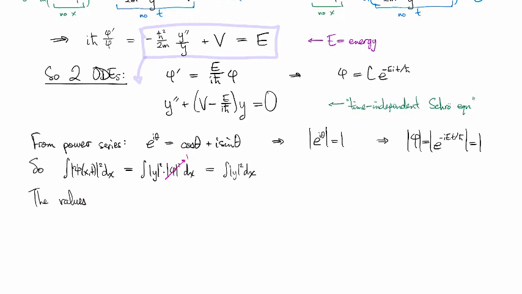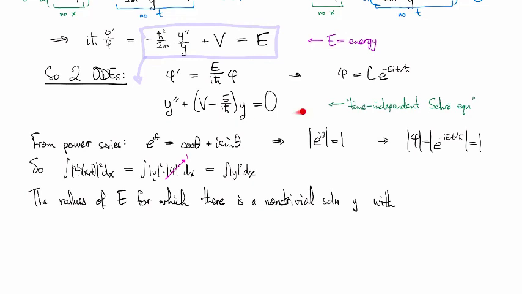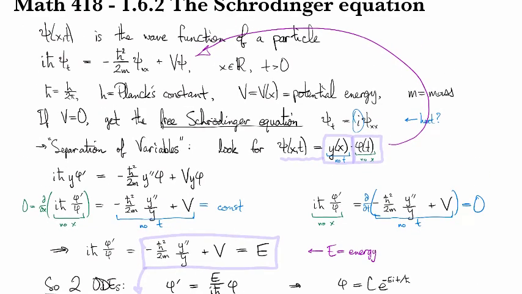And then it turns out that as a consequence, we don't always have solutions. It depends sharply on the value of E that we have. So the values of E for which we have a non-trivial solution y. And now in order for it to be a solution, realize it has to satisfy not just this differential equation right here, but also the constraint from before, where'd it go?